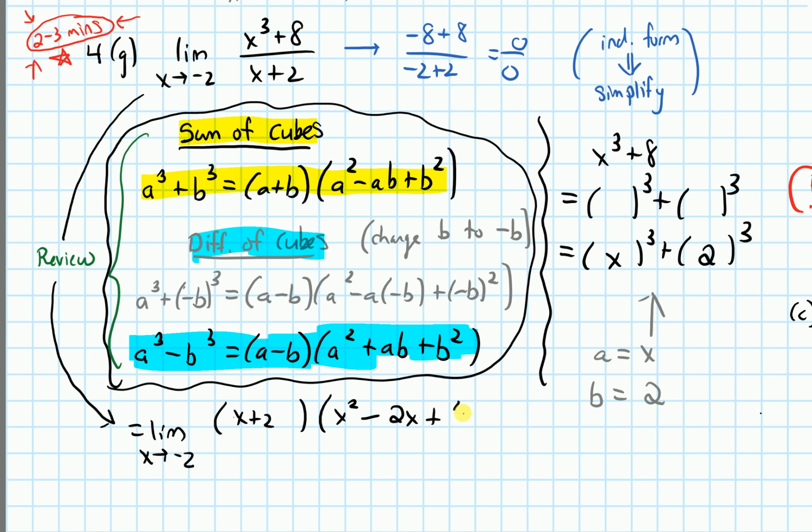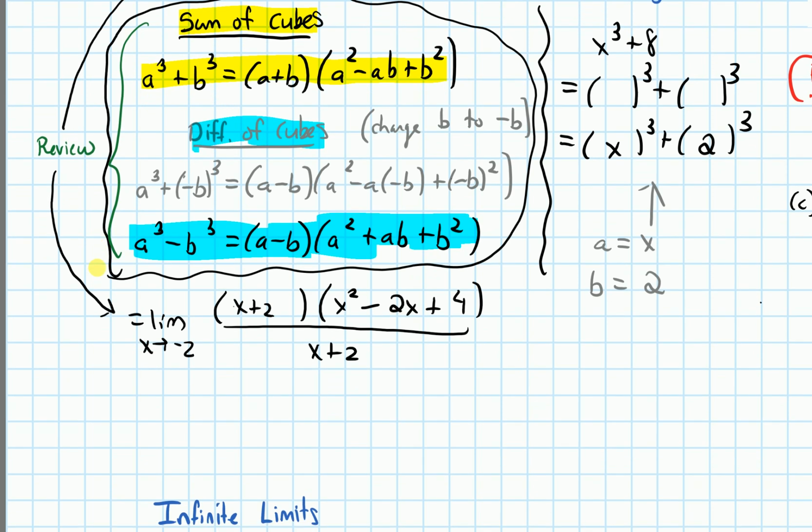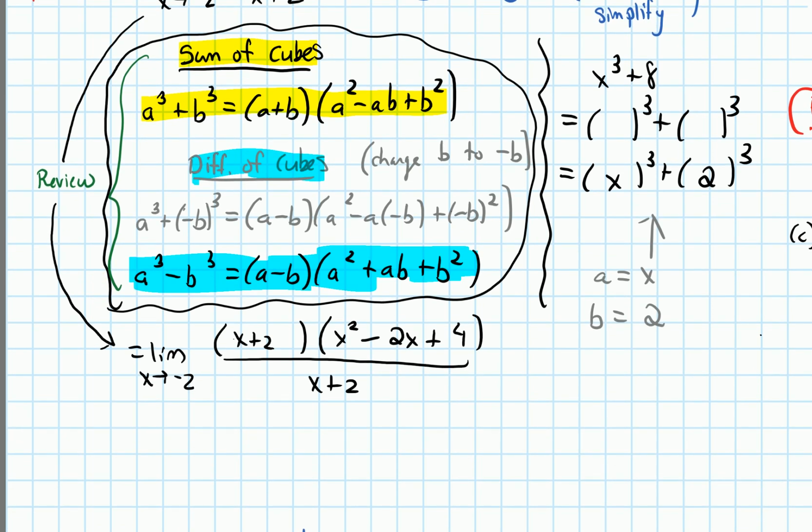So 2 squared is 4. So that's what the top factors into. And the bottom is x plus 2. And from here, it's not too bad, because the x plus 2's cancel. And after we cancel them, we have the limit as x approaches -2 of x squared minus 2x plus 4.